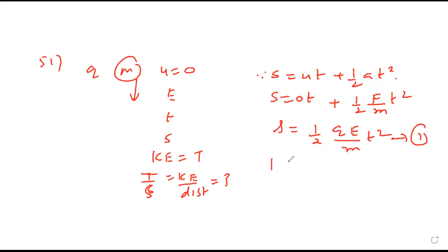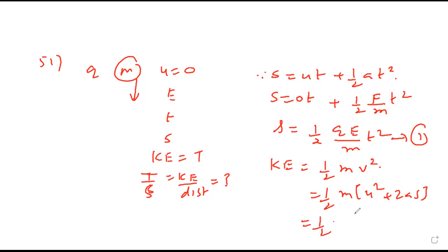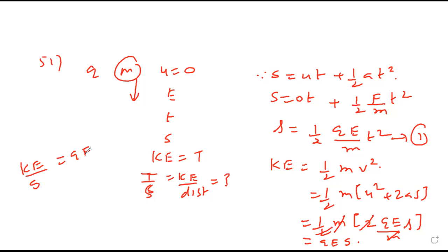Then kinetic energy is half m v square, which is half of m into u square plus 2as. That will become half of m into 2 into a, where a is QE upon m, into s. M cancels, 2 cancels. So it becomes QE into s. So kinetic energy upon s will be QE.